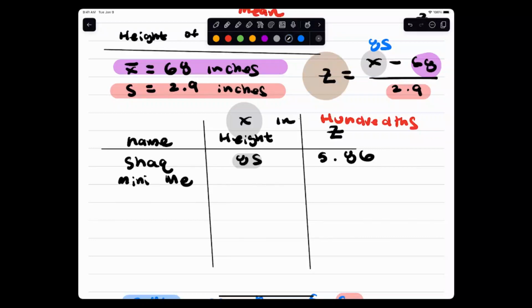Mini-Me. Who's Mini-Me? Dr. Evil's sidekick. Do you guys know how tall Mini-Me is? I'm going to have to find out. I'm not going to even use the internet on the Wi-Fi because who knows what'll happen. How tall is Mini-Me? Oh, there he is.